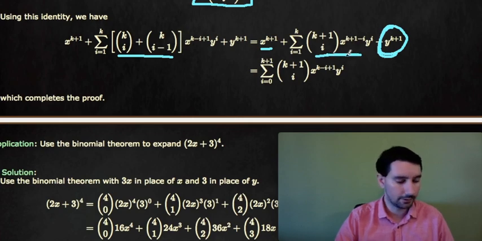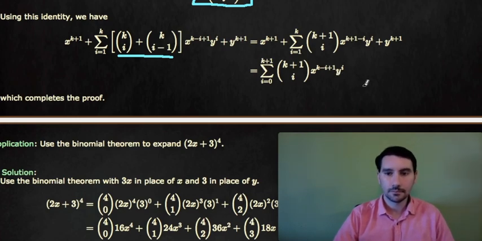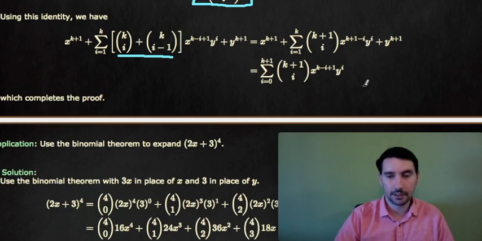So we can combine all this into one sum. The sum from I equals 0 to k plus 1 of k plus 1 choose I, x to the k plus 1 minus I, y to the I, which is the formula. So if it's true for k, then it's also true for k plus 1, and therefore it's true for all values by induction.